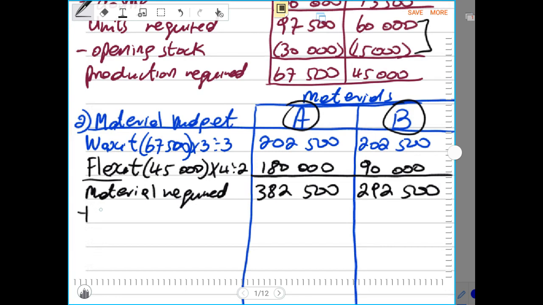Then we'll say plus closing stock, and our closing stock, let us check how many kgs.